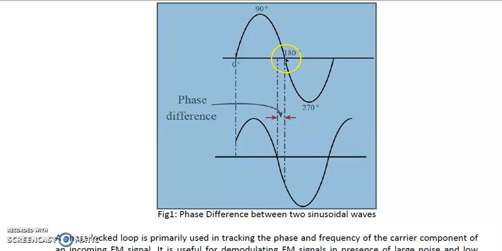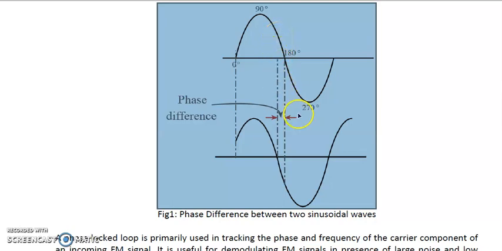At 180 degree of the first sine wave, we draw a vertical line which crosses the second sine wave here. At the 180 degree point of the second sinusoidal wave, we also draw one vertical line which crosses the earlier sine wave here.